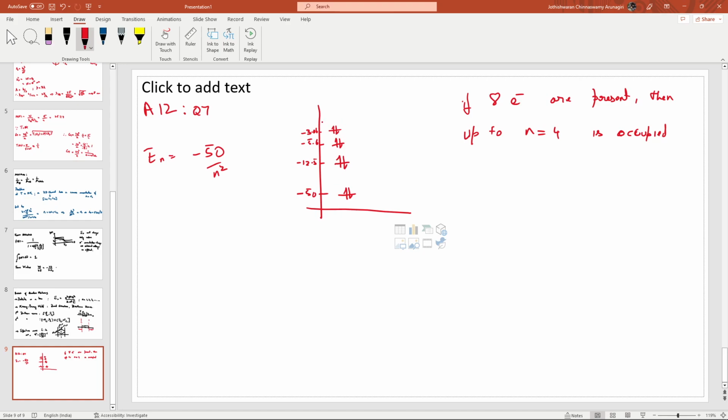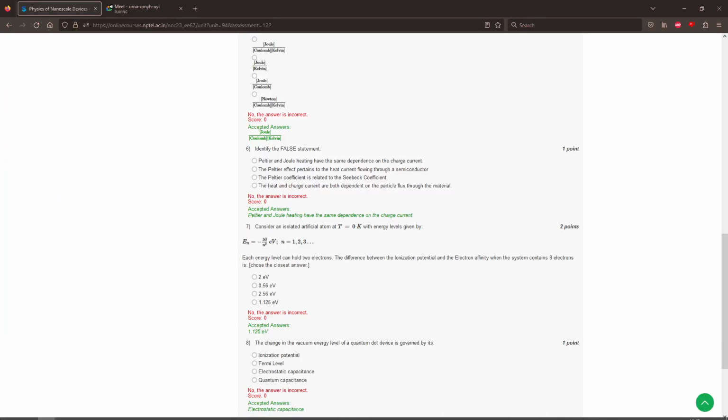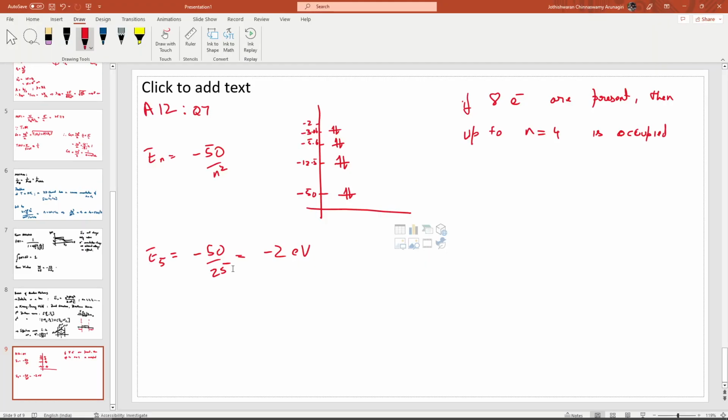So n equal to 5, that will correspond to minus 2. E5 is the first unoccupied level, so that is minus 50 by 25, which is equal to minus 2 electron volts. The unit of energy is electron volts.